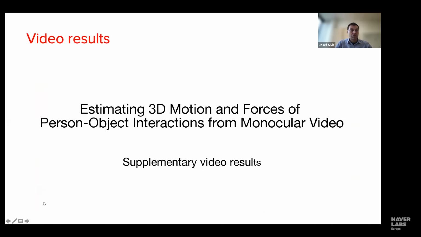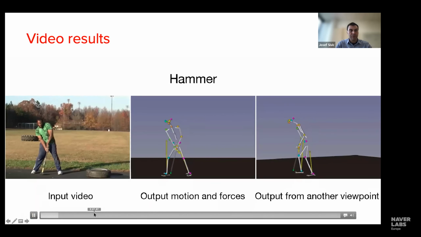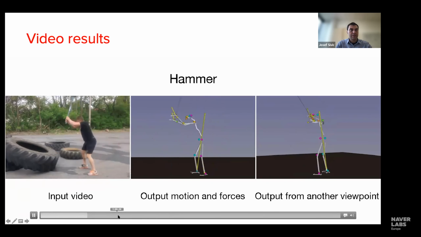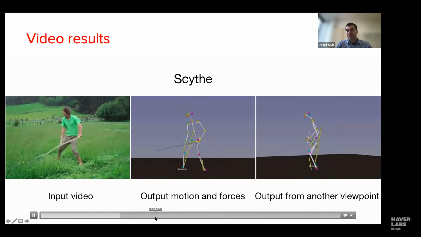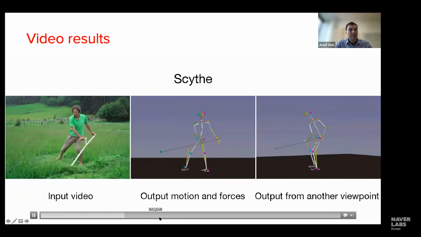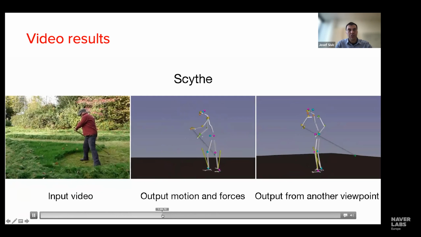And I will show you just a few more of these results on this data for a few different actions, such as hammering. This data set has five different actions and several videos of each.